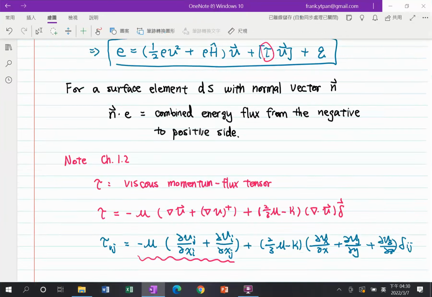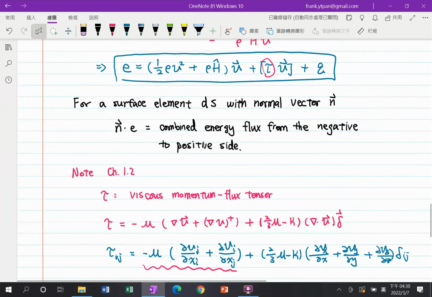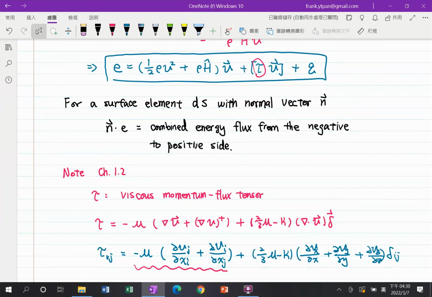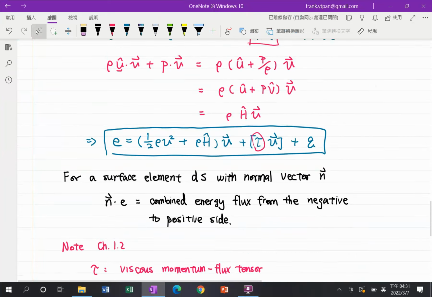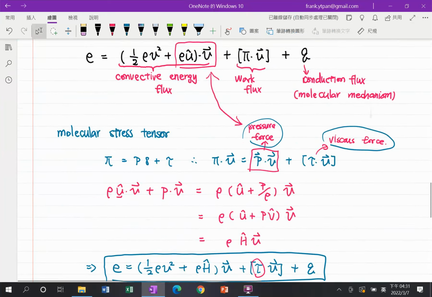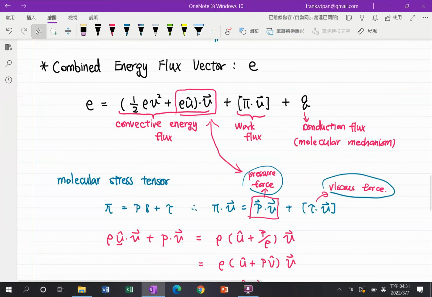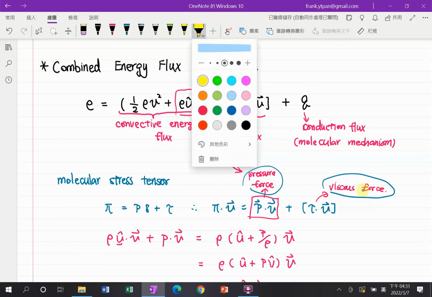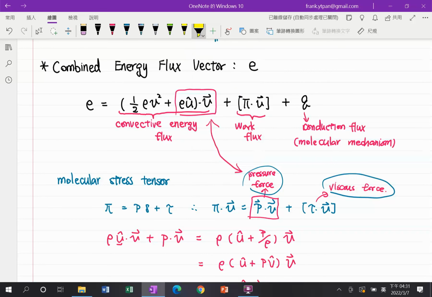Okay, so that would end our introduction to the theory of thermal conductivity, and also the introduction to the combined energy flux vector. Remember the key essence here. Let's go back a little bit to the combined energy flux vector. The essence is that we have three mechanisms for energy flux transfer.